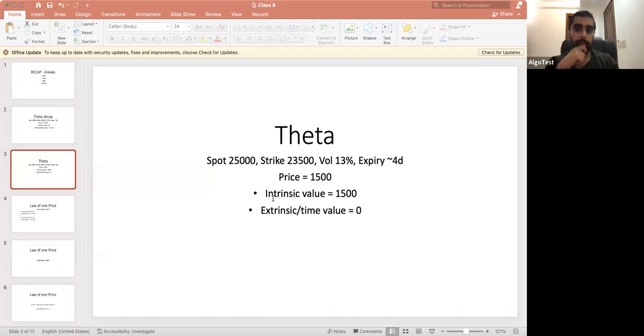So in this case, my overall profit or loss is: I've collected the theta, but the stock has moved against me, so I've lost money, right?